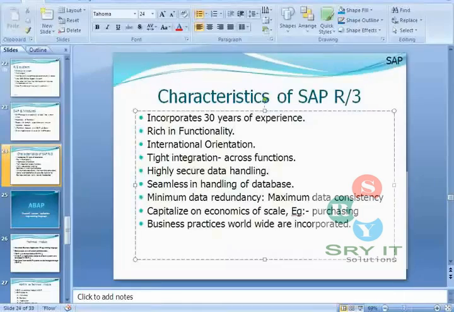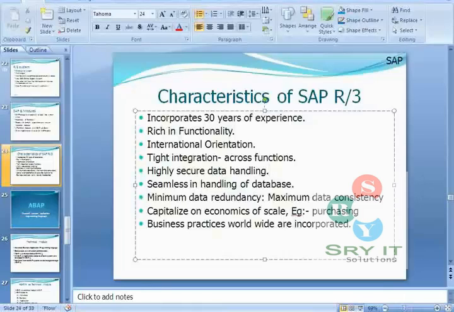They can do business capitalizing on economies of scale, with business parties incorporated worldwide. The economic scale point is very important if you want to use SAP R3 in your organization. Suppose I want to buy an iPhone 5 in India, the UK or the US: the basic price of the product is the same in any country.